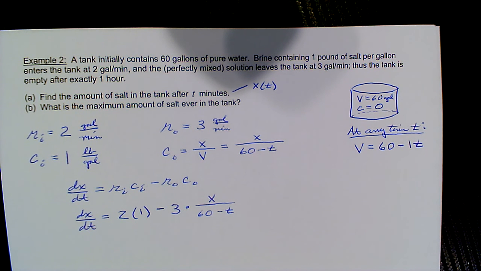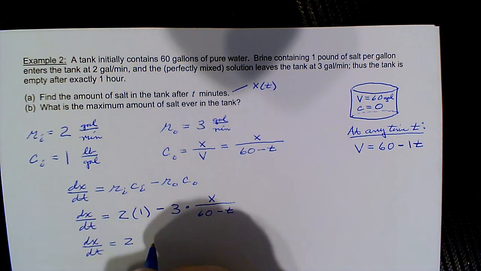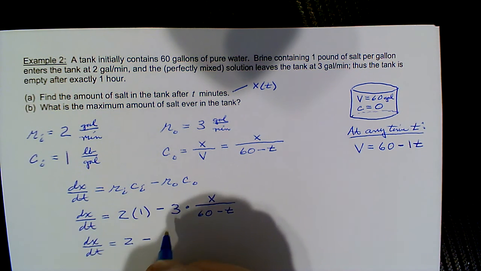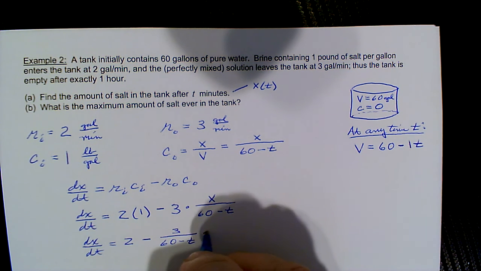Okay, so I'll write that as follows. I'll say dx/dt is 2 minus 3 over 60 minus t times x.